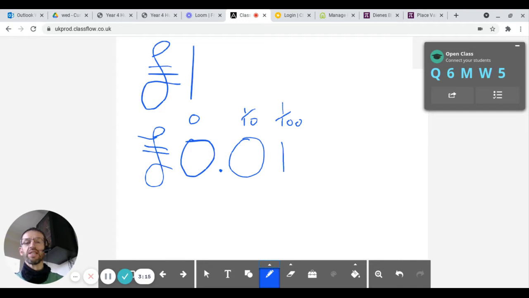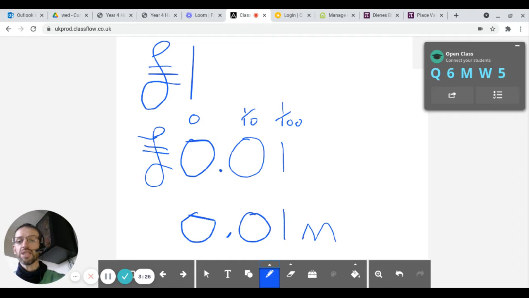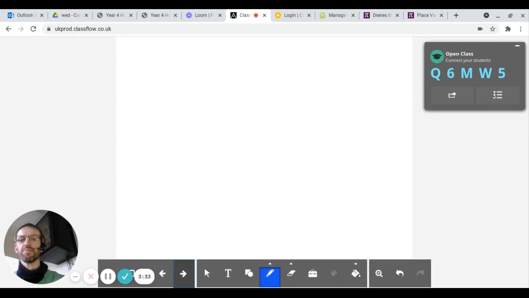If I was to write that down in meters, it would be 0.01 meters because it is 1/100th of a meter. So there's a couple of different ways of thinking about hundredths. Let's see what we've got to do today.